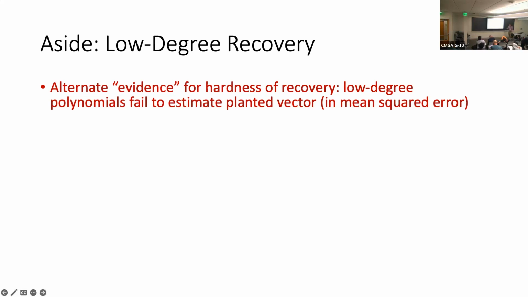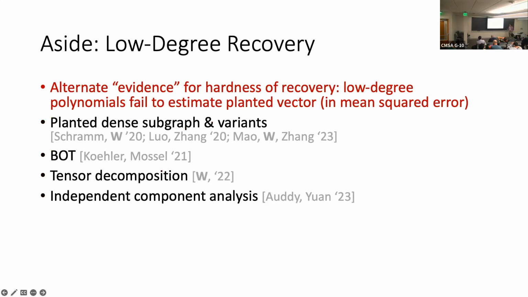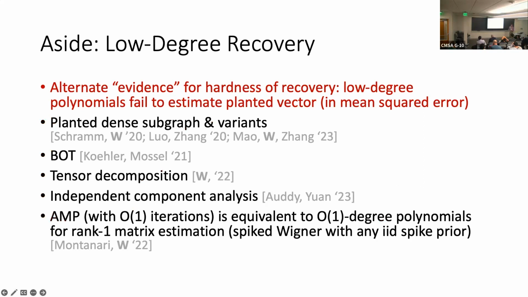So if you have some kind of planted vector that you want to recover, maybe it's the indicator vector for which vertices are in the clique, you can ask, is there a low-degree polynomial that can accurately estimate this in the sense of mean squared error? There's a bunch of different work on this kind of stuff as well, which is an alternative pathway to give evidence for hardness.